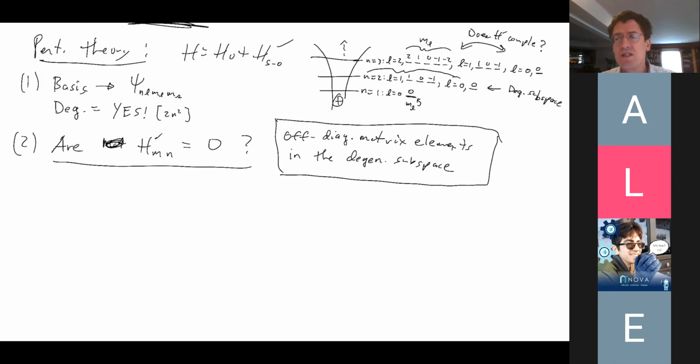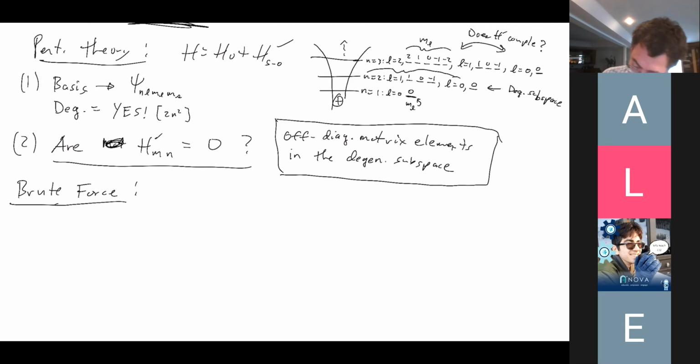It's not a completely easy question to answer, but let's answer it. And there are different ways of answering it. So there's the brute force way. Let's use the brute force way. There's also an elegant technique that we will learn today. But before we do the elegant technique, let's use the brute force technique to answer this question. For the brute force technique, you construct the off-diagonal matrix element in the degenerate subspace, and then evaluate it.